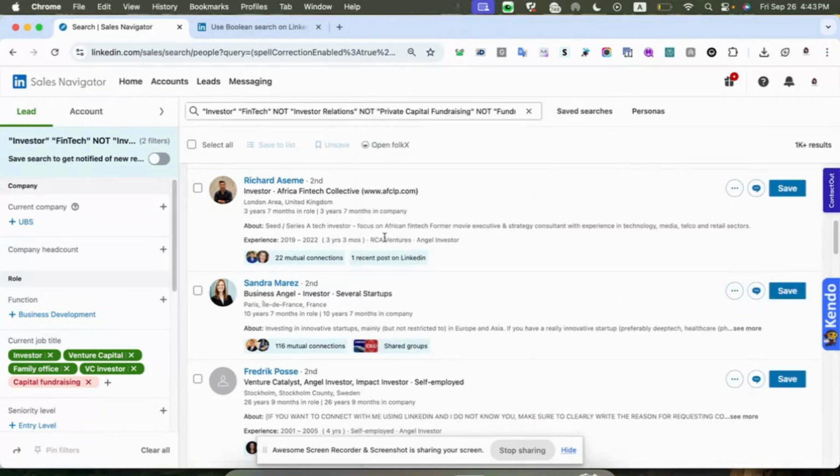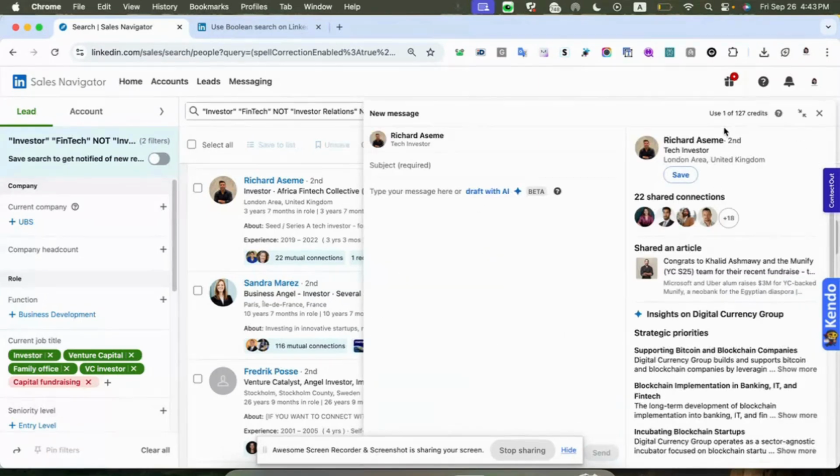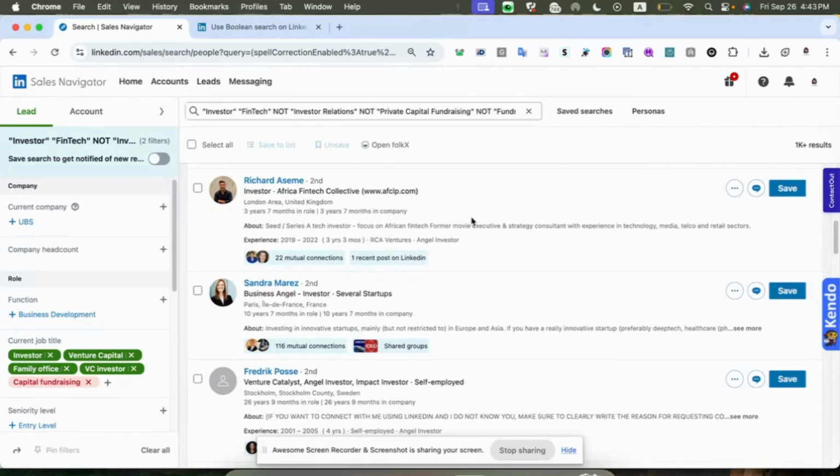And the third way is you still can message people even though you do not have the Sales Navigator subscription and they are not yet first degree connections. It depends if you're lucky and they have an open profile. If someone has an open profile, that means they tell LinkedIn, please, anybody on the internet can reach out to me and message me, even though they're not a first degree connection.